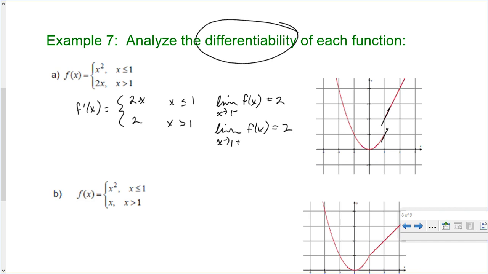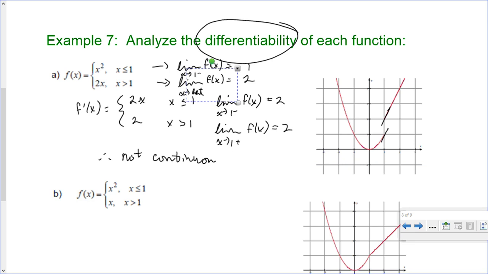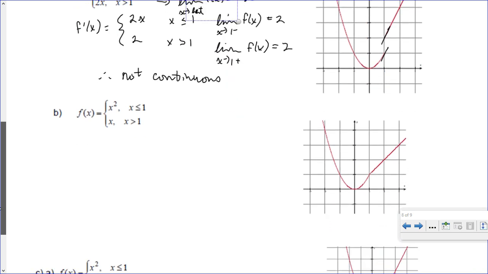But it doesn't look like my limit from my original continuity check matches. So let's just do my original function here. That was the limit as x approaches 1 from the left and the limit as x approaches 1 from the right of my function. I'd have 1 here and I'd have 2 here. So it's not continuous. We can see that on the graph because it's a jump, right? So it's not continuous in this case.